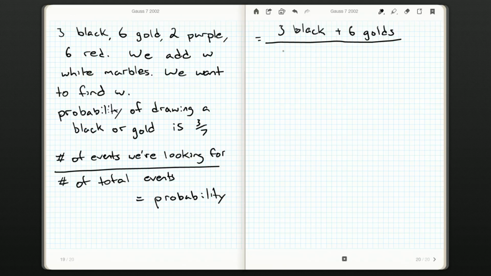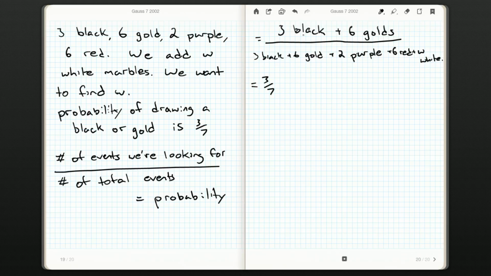Now, out of the total number of events, that's the total number of marbles we could draw out. Well, that's 3 black plus 6 gold plus 2 purple. We could draw a purple out, so that's a possible event. Plus 6 red plus W white. And we're told that this is 3 out of 7.